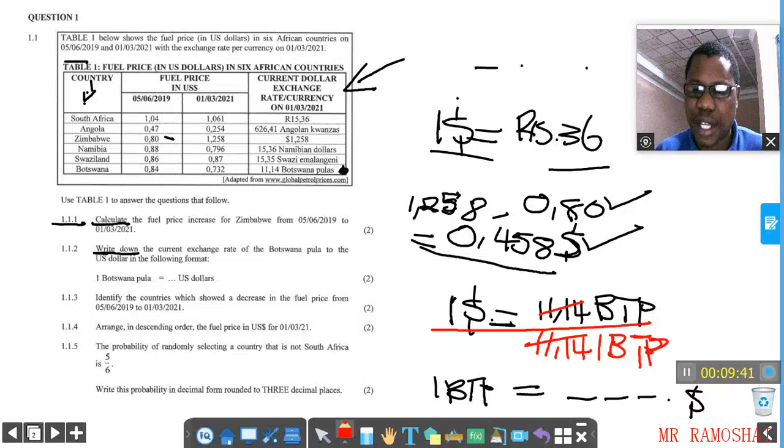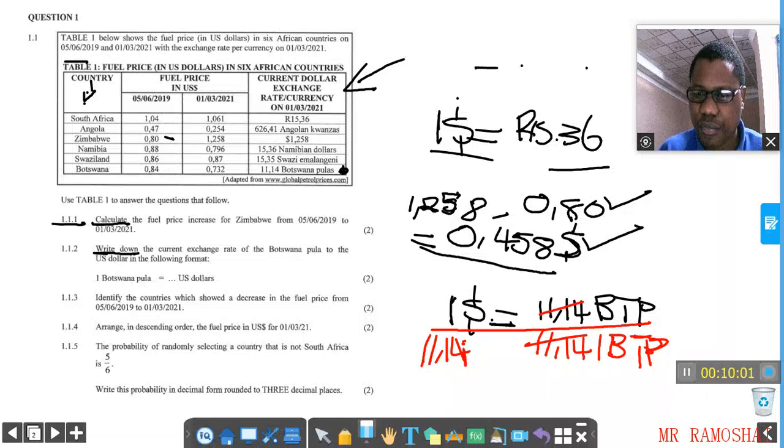So what we do on the right, we must also do on the left. Then we divide this one by 11,14, right? So let's check now.